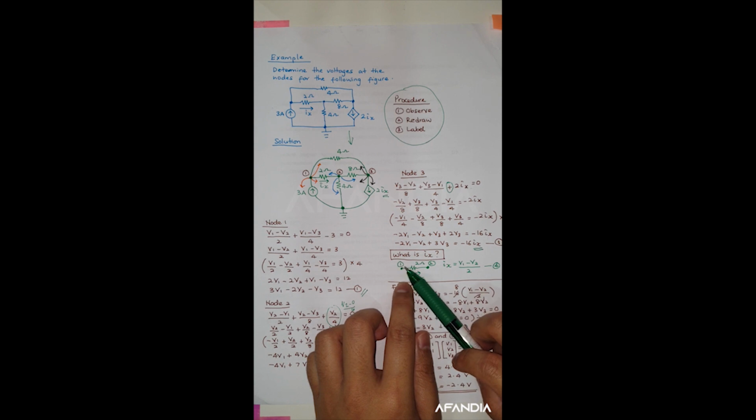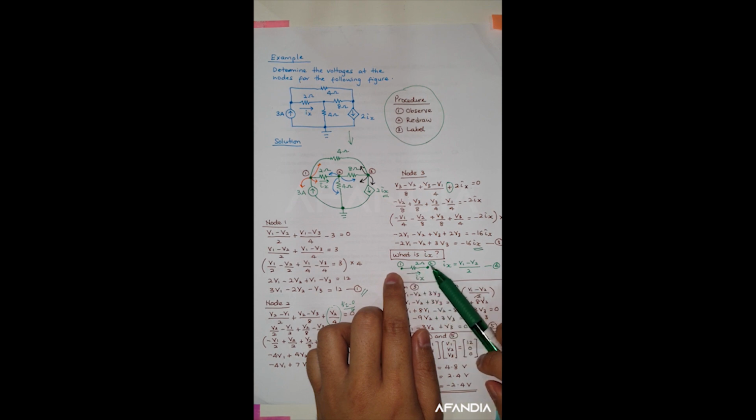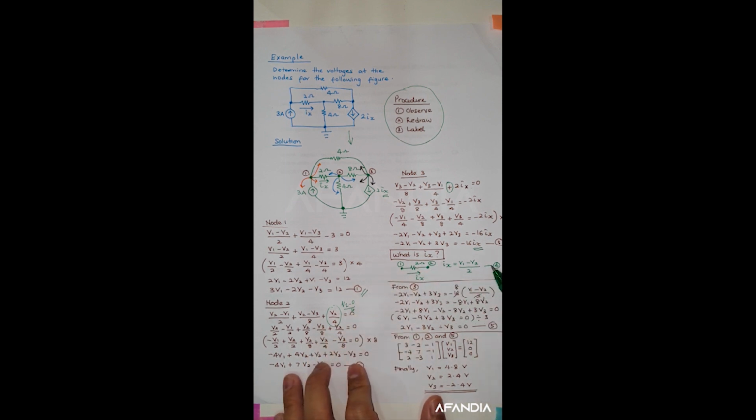So we have this node 1, this node 2. Obviously, from here we know that I equals V over R. So what is the V? V1 minus V2 divided by R, which is equal to 2. Because we want to eliminate our Ix, we need to substitute Ix with this definition.